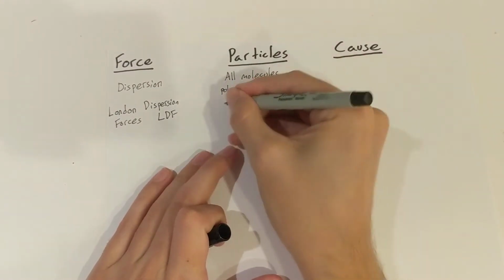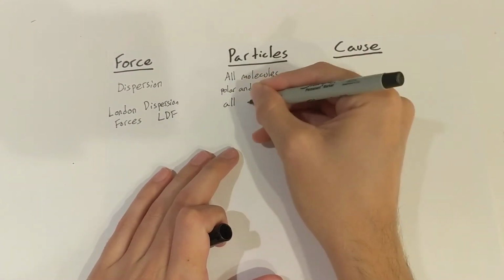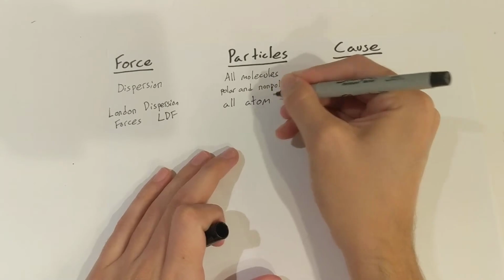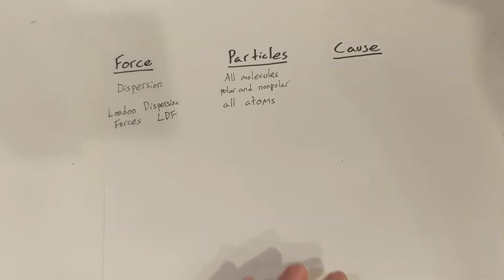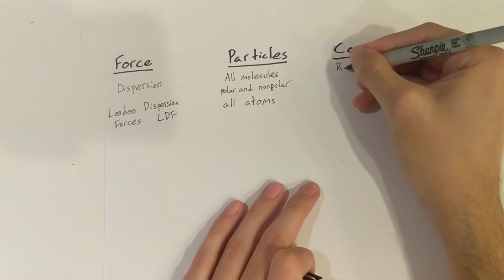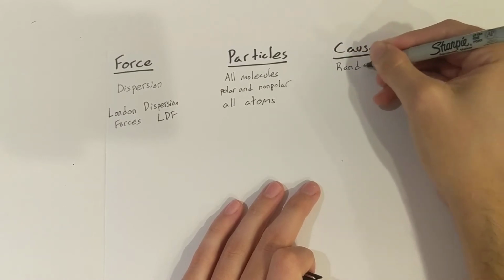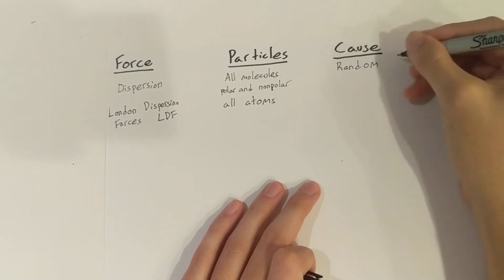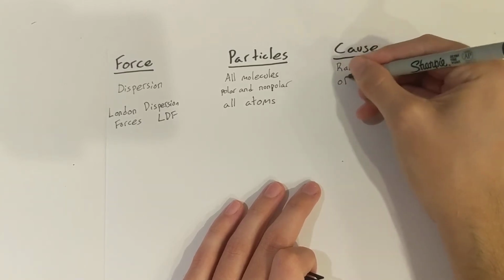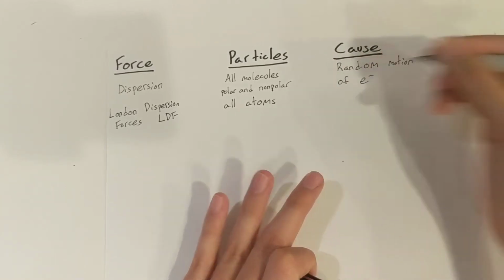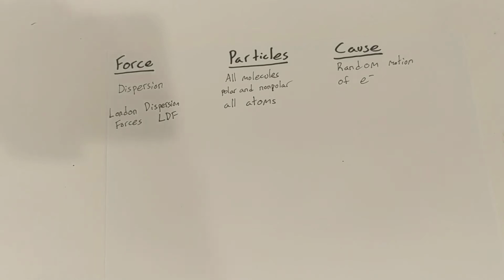So all molecules, all atoms. And the reason that this force is in all molecules and all atoms is because it is caused by the random motion of electrons. So let's take a look at this.